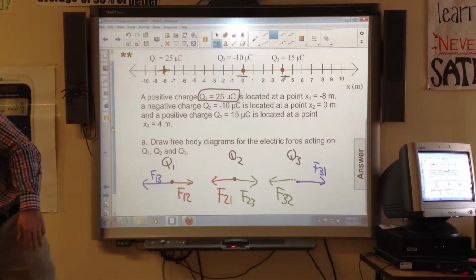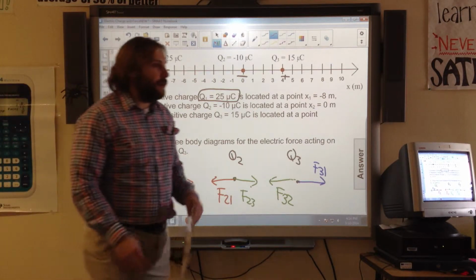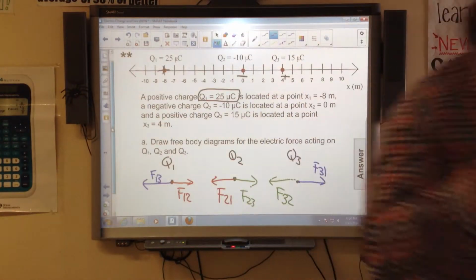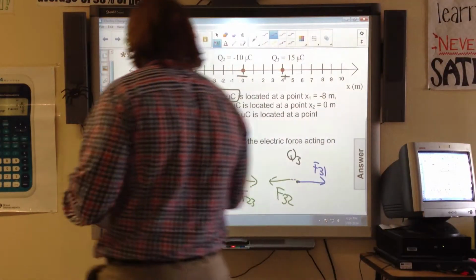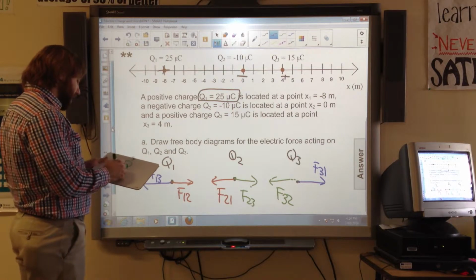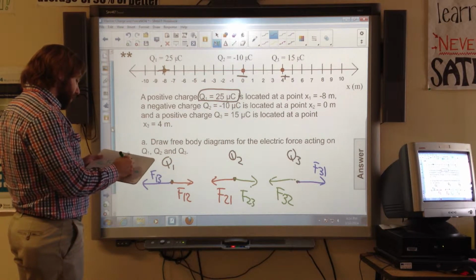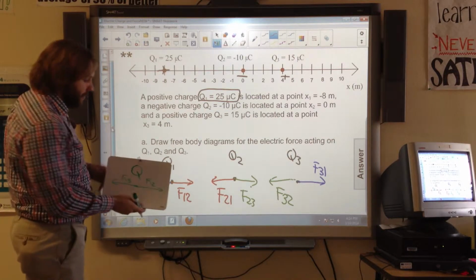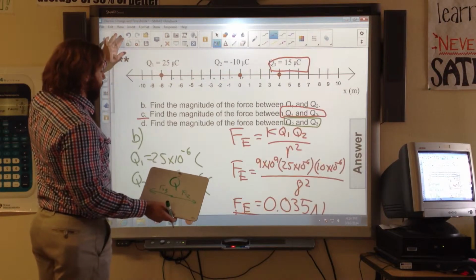And on our free body diagrams, we're going to use that to find what's negative. So let's write that one down on the whiteboard here. So if I write for Q1, I had F13 and F12. So when I look at that, that tells me that F13 will be negative.